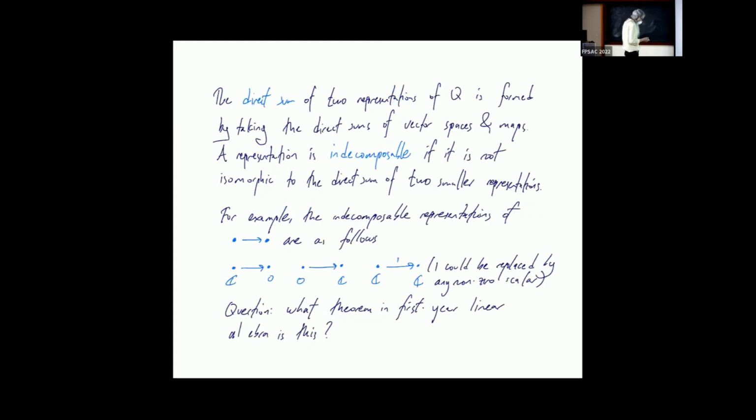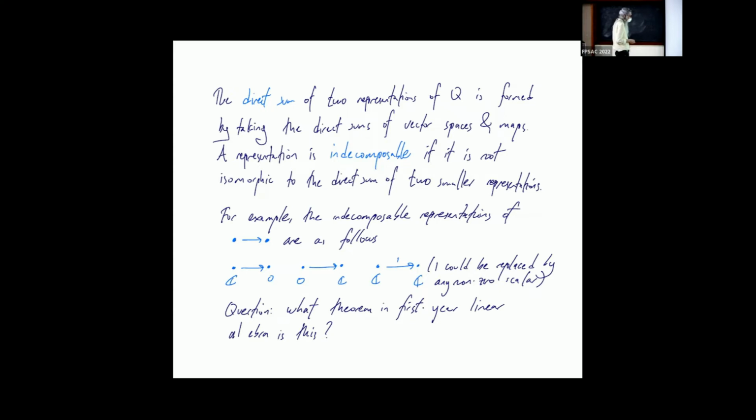The direct sum of 2 representations is obtained by taking the direct sum of the vector spaces, and then defining the maps so that they respect the direct sum decomposition. A representation is indecomposable if it's not isomorphic to a direct sum of two smaller representations. So the indecomposable representations of this two vertex, one arrow quiver are as follows.